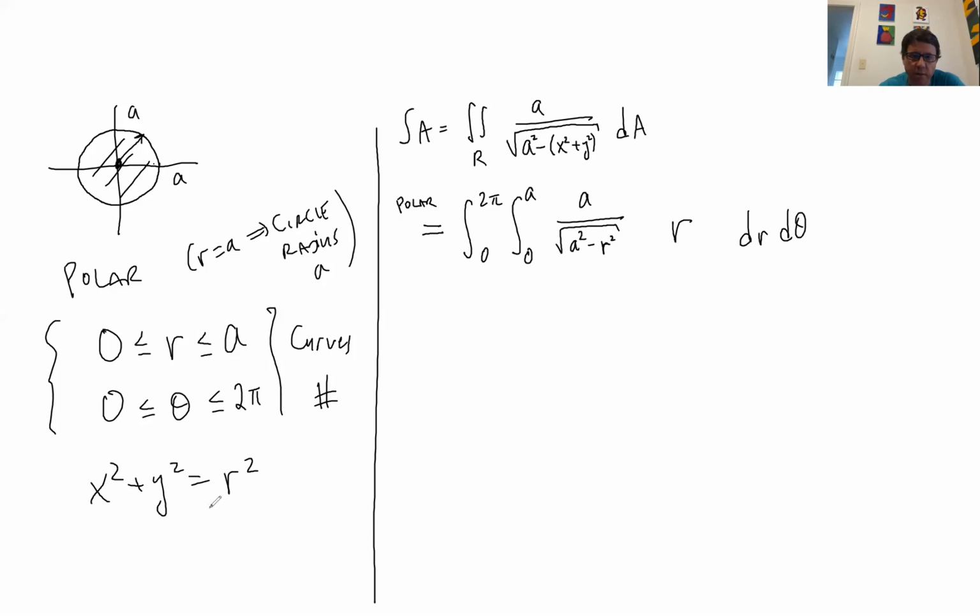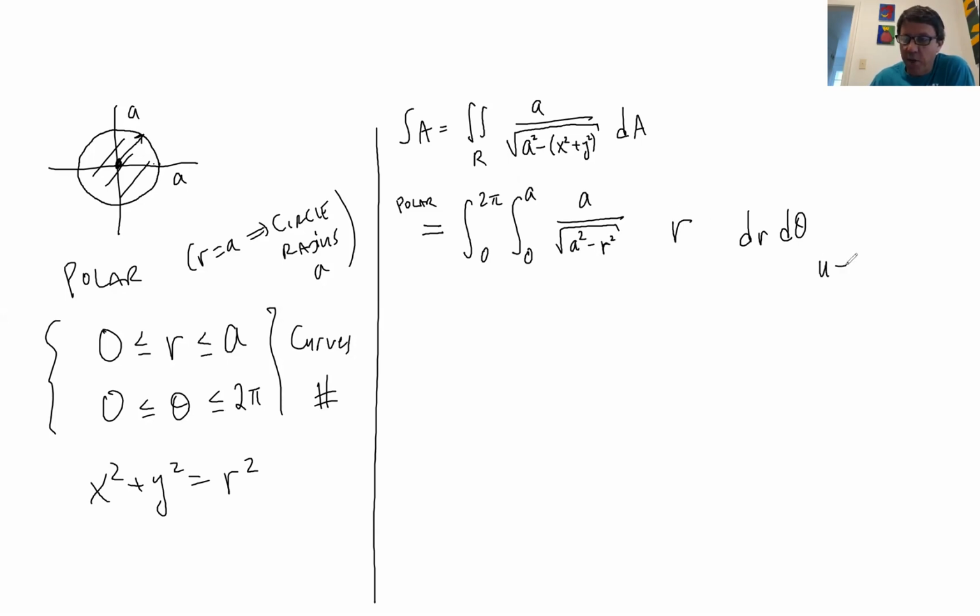In the integrand, I put in x squared plus y squared is r squared. And then the bounds are gotten from parameterizing my polar. I don't know if this looks any nicer, but it is way nicer. The bounds are all nice, and we have an r squared, and we have an r.